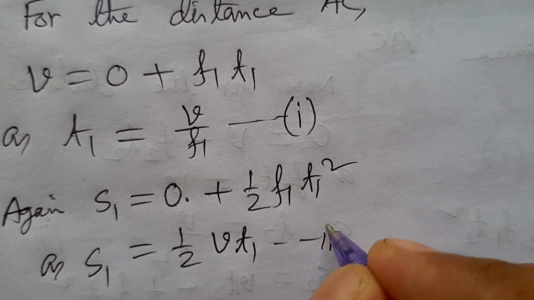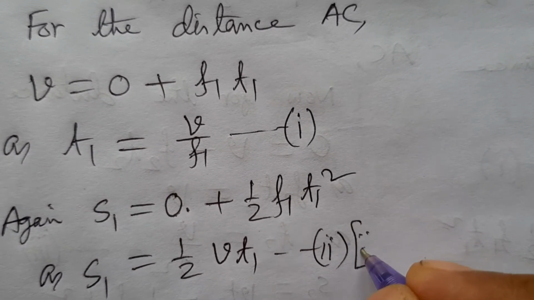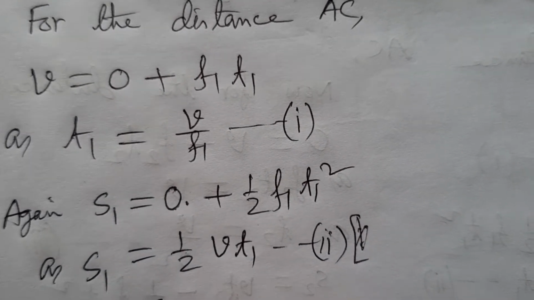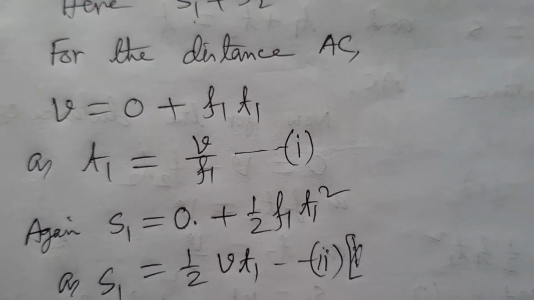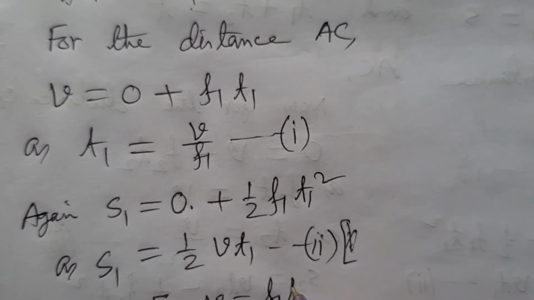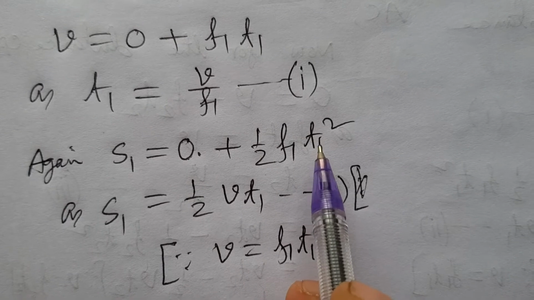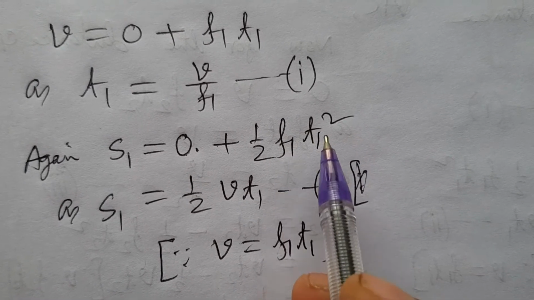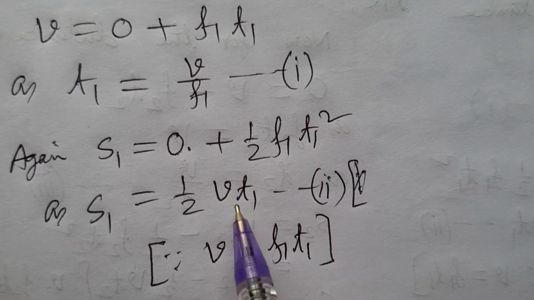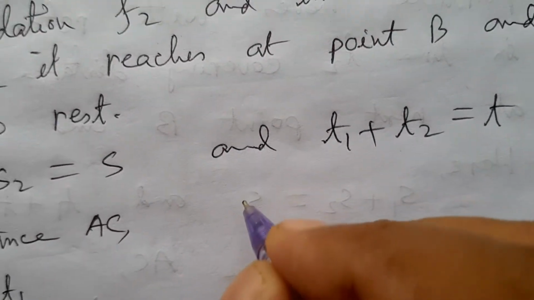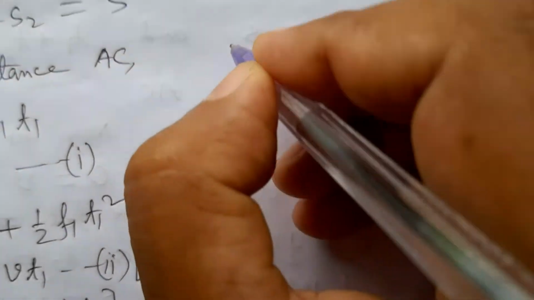This is equation number 2. Side note, since V is equal to F1 T1, this can be written as half into F1 T1 into T1. So this F1 T1 means V and extra T1. So this is equation number 2. Now for the distance CB.